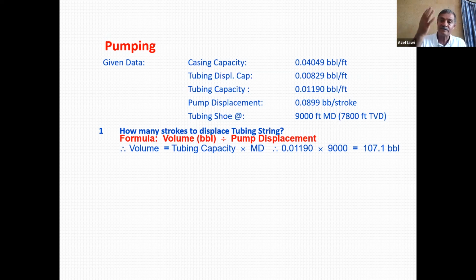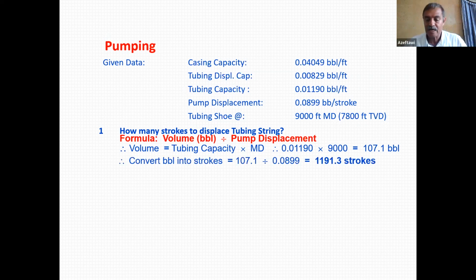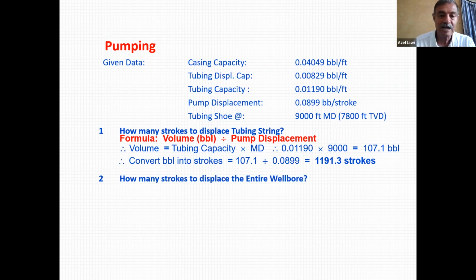To get rid of it, how many strokes should we do with our pump? Divide this by the pump stroke to get how many strokes. And the second requirement is to displace the entire volume. The entire volume means the total volume.